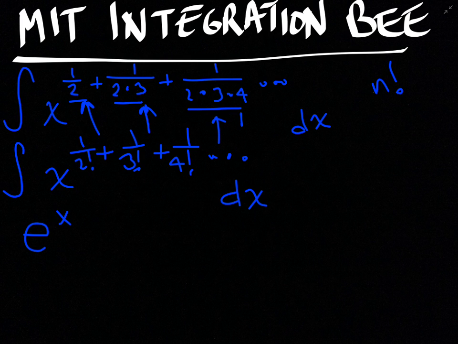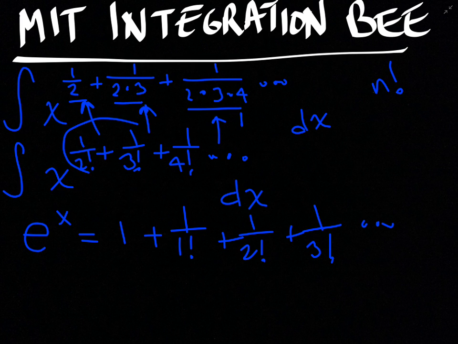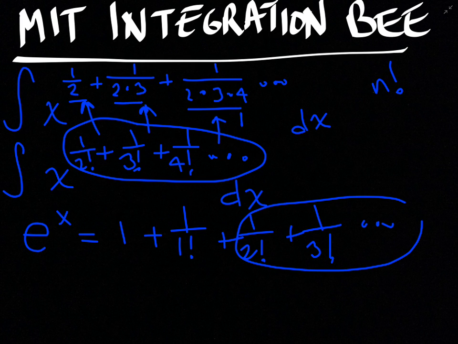One of the first things you'll learn is that e to the x can be approximated by 1 plus x over 1 factorial plus x squared over 2 factorial plus 1 over 3 factorial, and that will go on forever, and it's a better approximation as you go on. But we don't start with 1 or 1 over 1 factorial, we start with 1 over 2 factorial. And that's going to be this bit here.